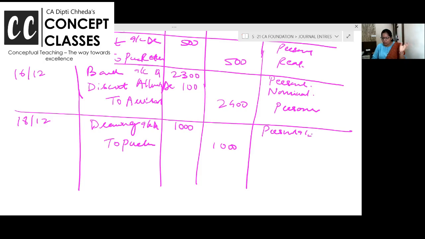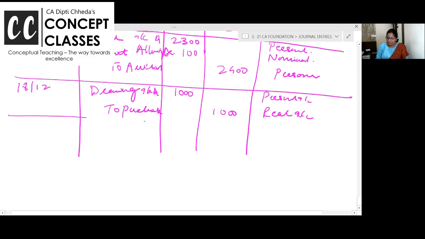So debit. Why credit purchases? It's not purchase return. Why are you crediting purchases? It's a real account. And what's the rule of the real account?